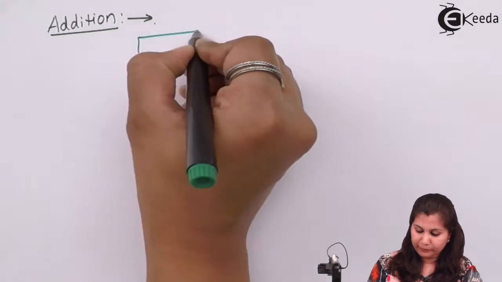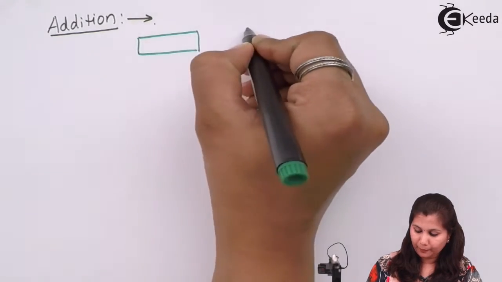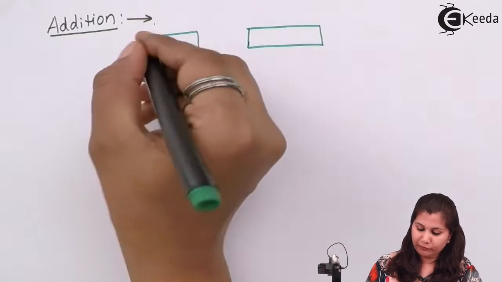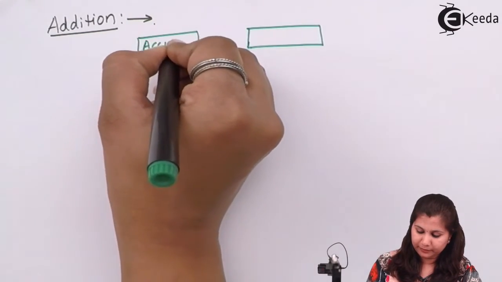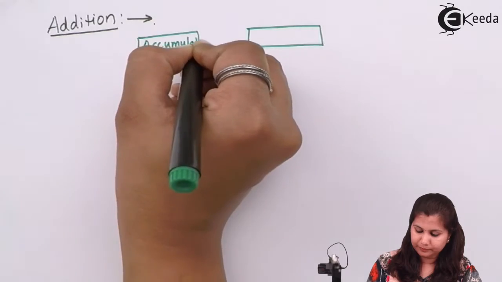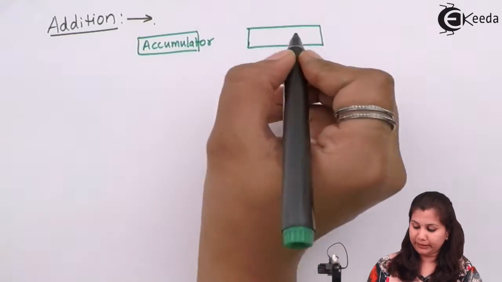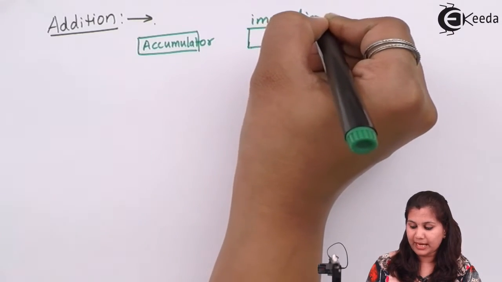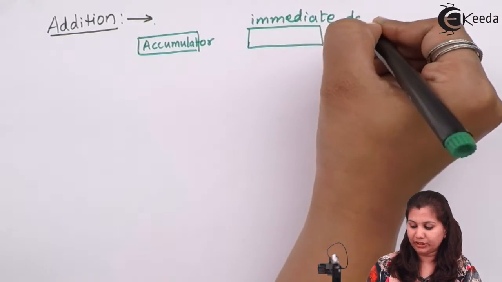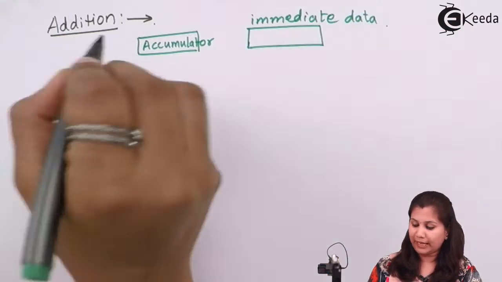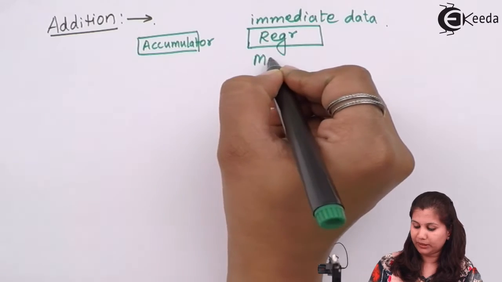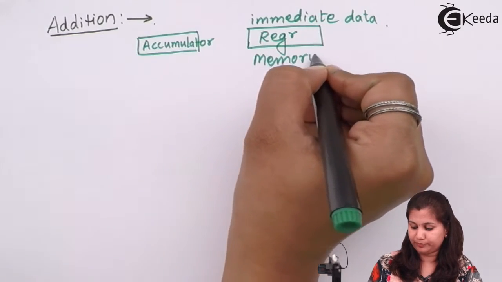Here we will require two operands. One operand will be stored in the accumulator and another operand can be an immediate data, meaning directly the data will be given in the instruction. So it can be an immediate data, or it can be a register, or it can be a memory location.